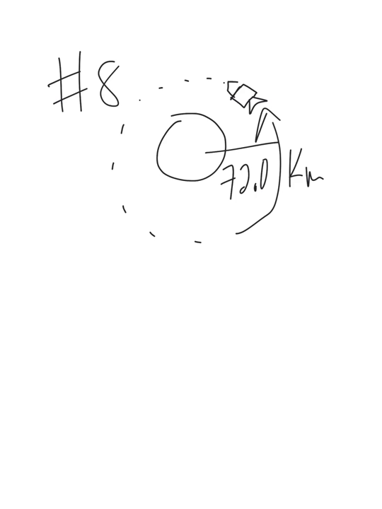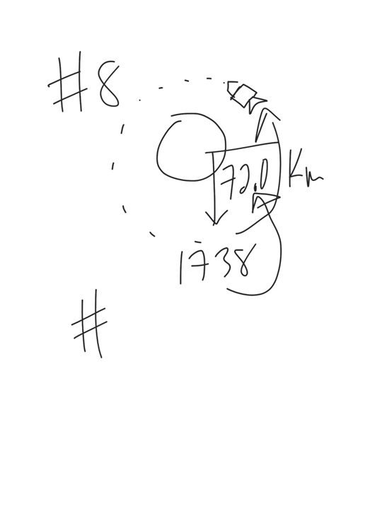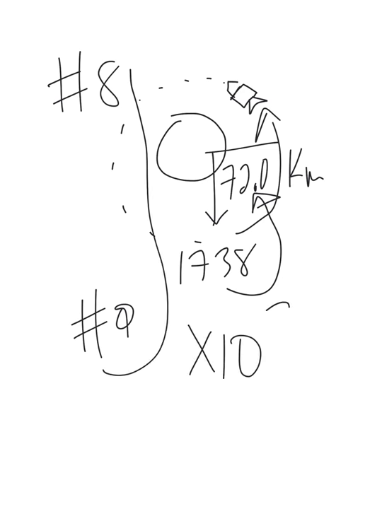And with that one, I've also given you the radius of the moon itself, 1738. Let me give you a hint. Add the two numbers together. That's going to get you your radius. At that point, it's a plug and chug type affair. So on number 8 and number 9, just like the Earth, you should get answers of 10 to the 3rd. That's kind of cool.